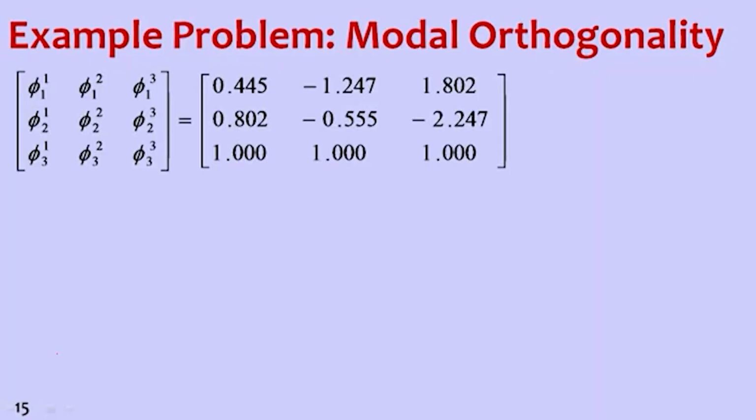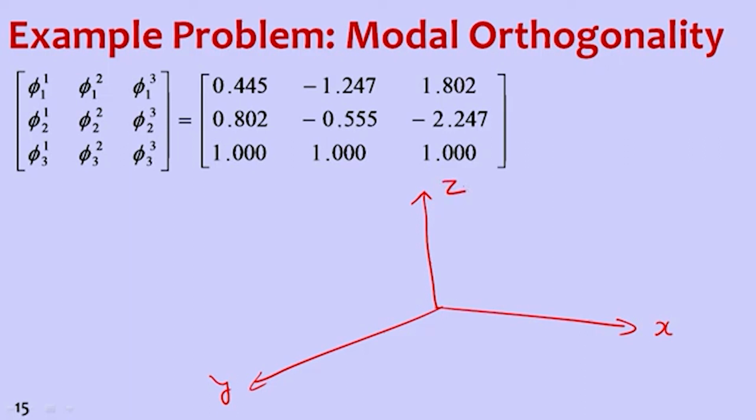Here we have the phi matrix which we have already calculated. Suppose these are the 3 axes: this is x, this is y, this is z. You can consider this row as x, this row as y, this row as z.